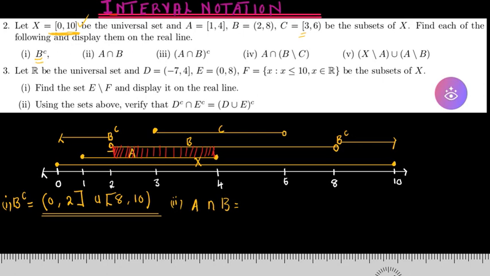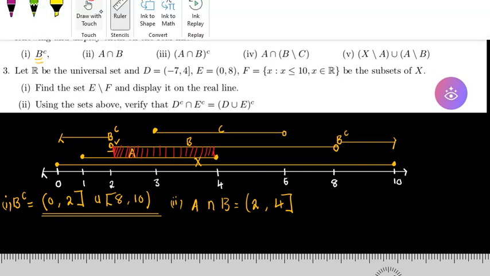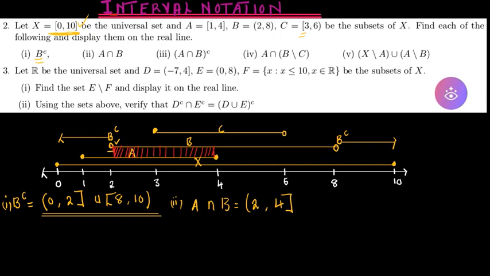Look at this. Here we have an open circle. It means that 2 is not in B, but 2 is in A. So A intersection B is simply 2, 4 complement, for included. Okay, very simple to interpret.